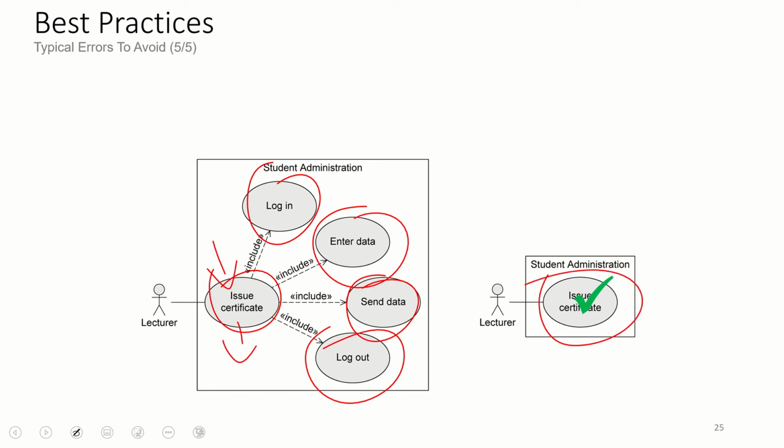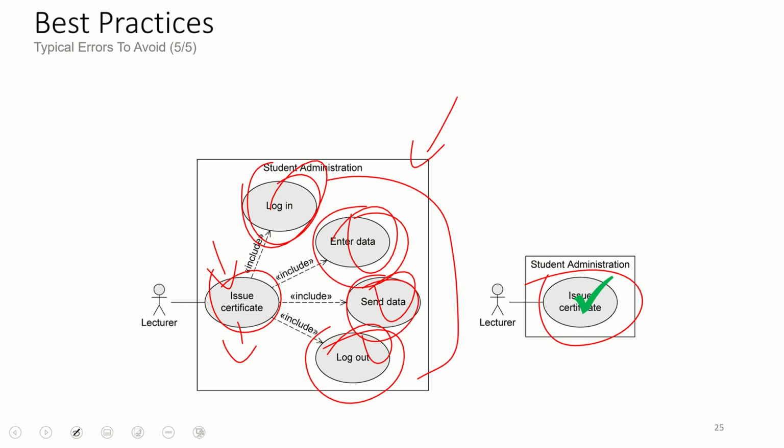Maybe you think this is not wrong. Yes, that's not wrong, but that's not best practice. We don't want to put too many details into one use case diagram. Maybe some detailed use cases are very essential to this specific diagram, and then we can put them in.